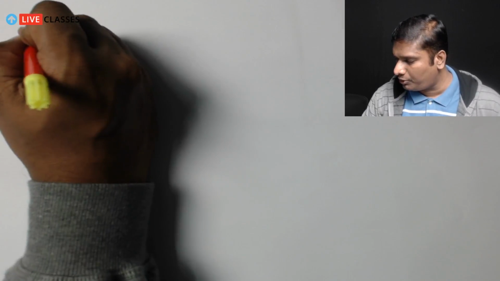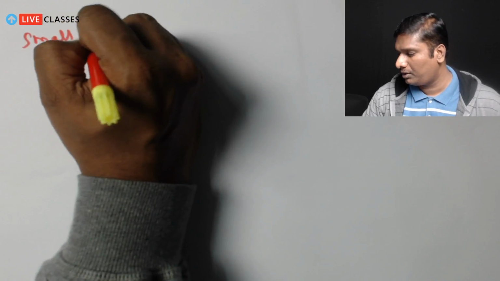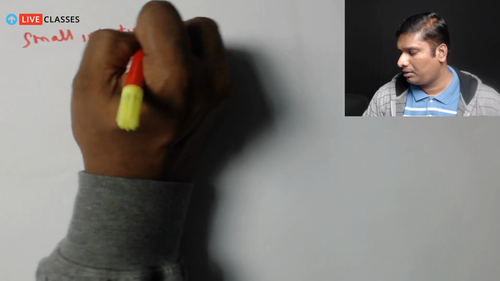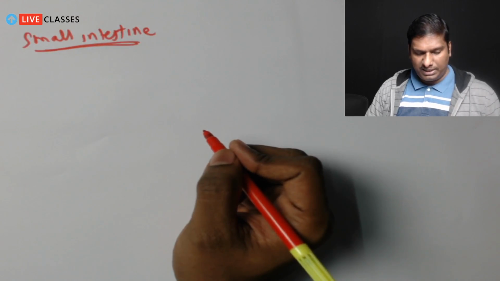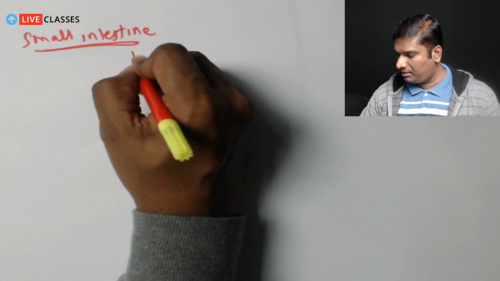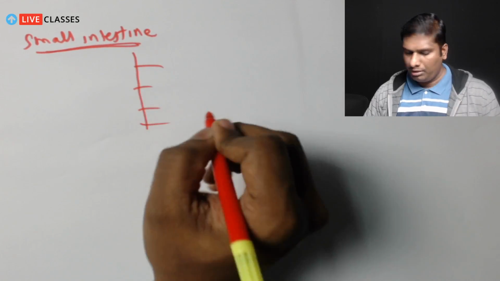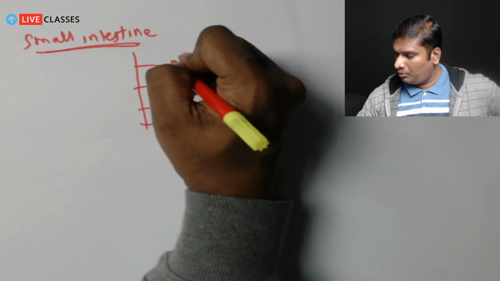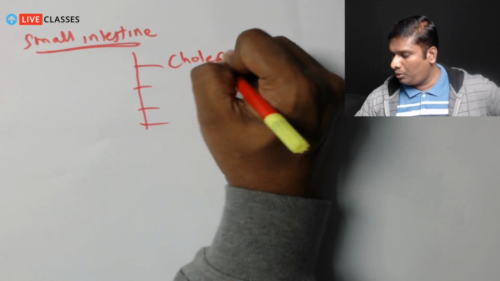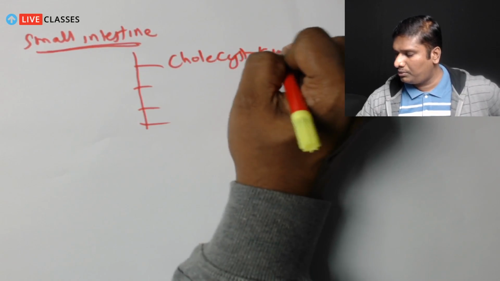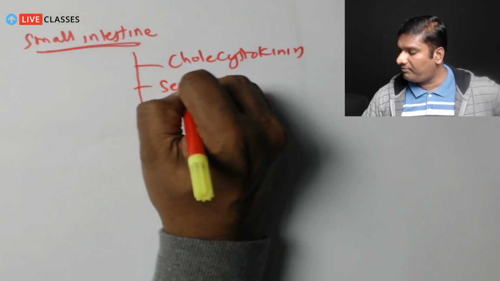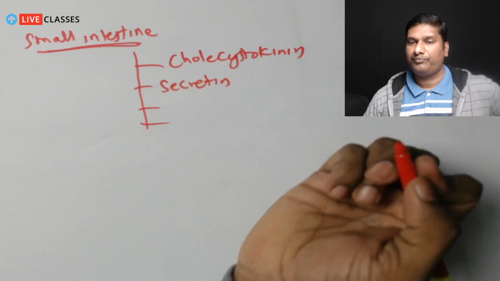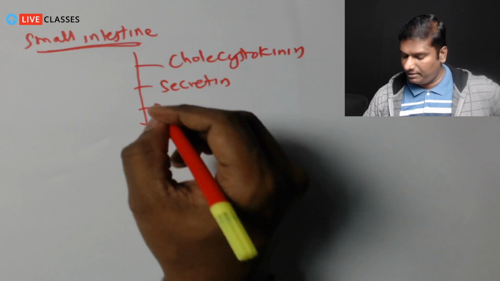Then what are the hormones produced by the small intestine? What are the various hormones being produced by the small intestine? The small intestine, you can see, produces 4 different hormones. One is cholecystokinin. Then you have secretin.